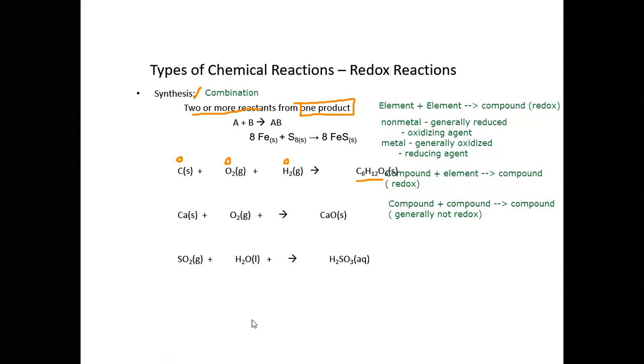If you wanted to confirm this, oxygen is a -2 in each of these, the sulfur is a +4, and hydrogen's a +1. So there's no change in oxidation numbers. Therefore, it's not a redox reaction.